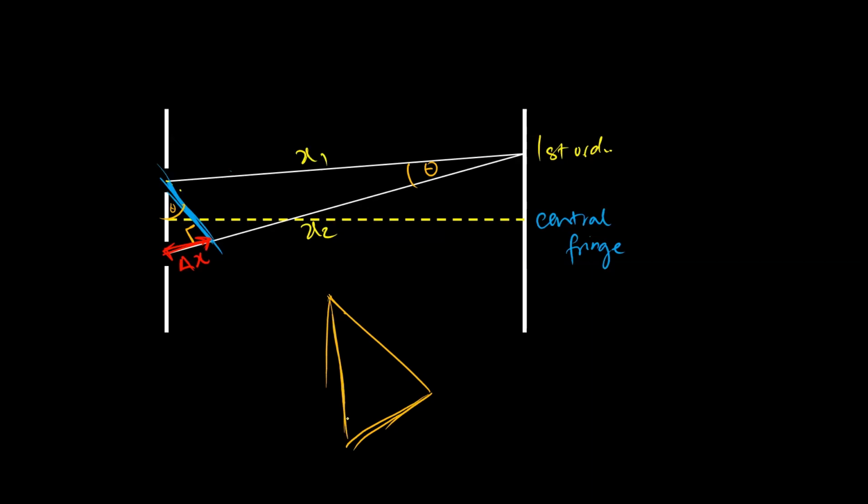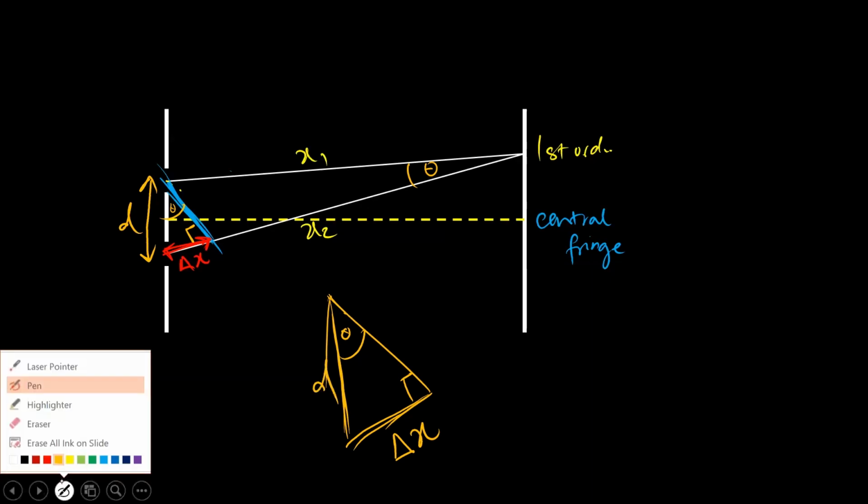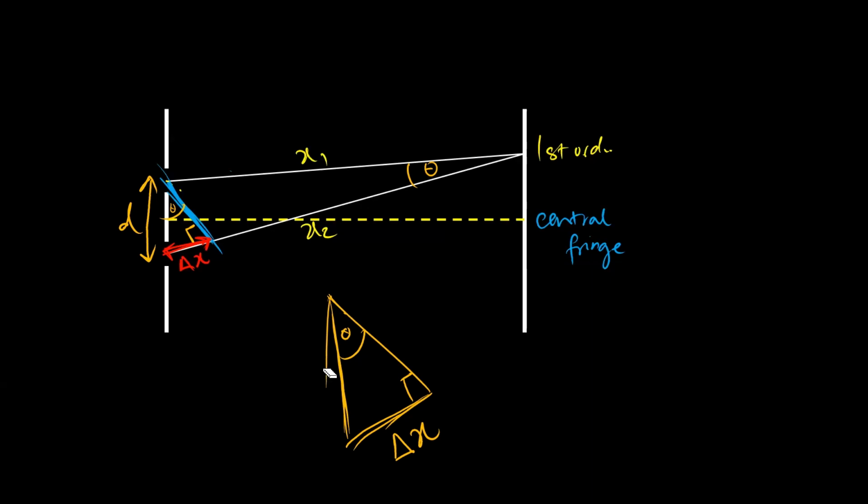And kind of shape this triangle a bit. We know that theta is here. We know that this is delta x, right? And we also know that from here to here is the distance between the slits. Let's make that a bit cleaner. So from there to there, that's the distance between the slits.